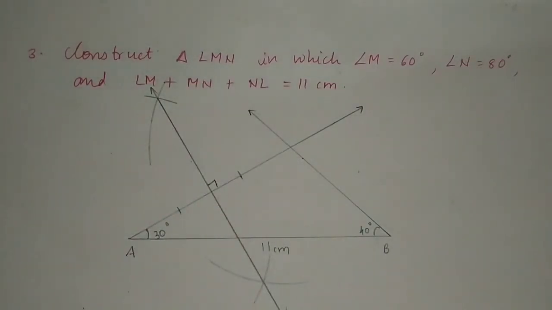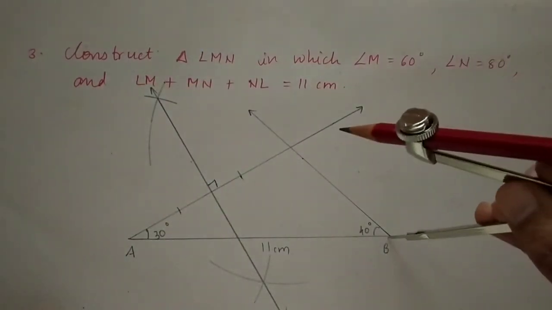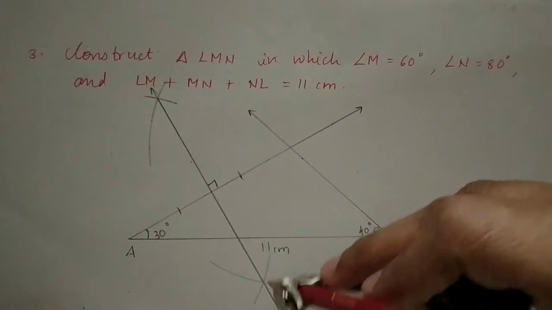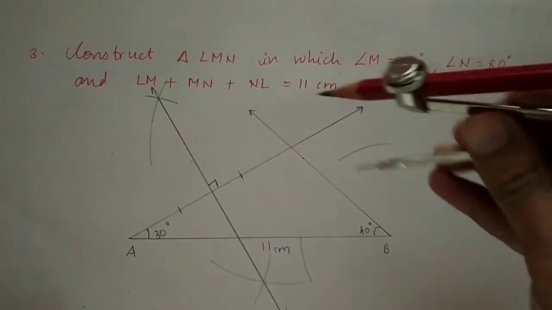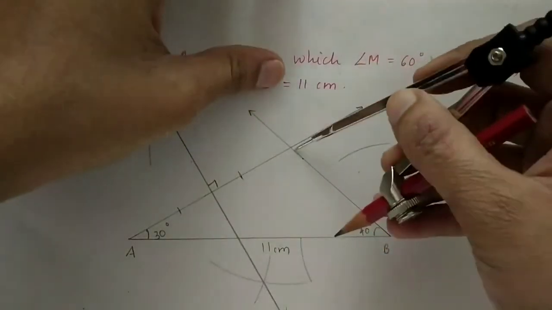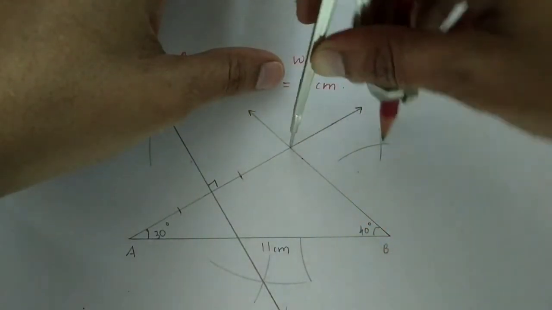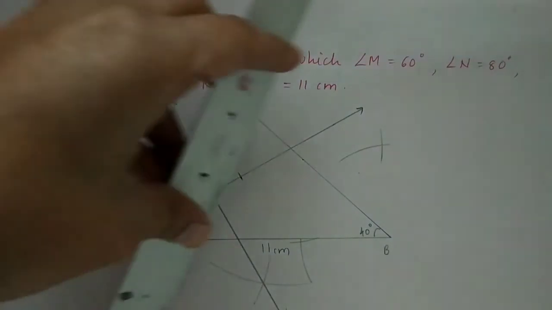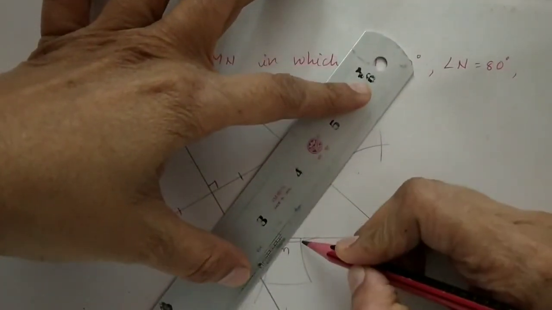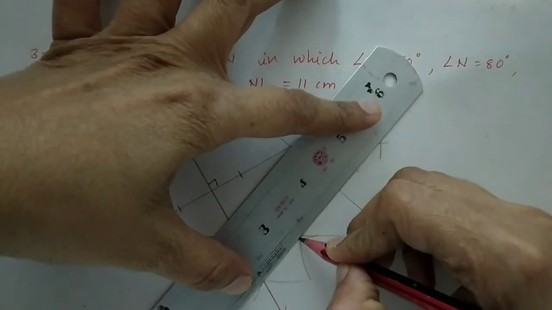Similarly, I'll draw the perpendicular bisector of the other side. So I suppose I draw it here and then like this I'll be putting it here and here. Okay, so I have two intersecting points which I'll be joining.